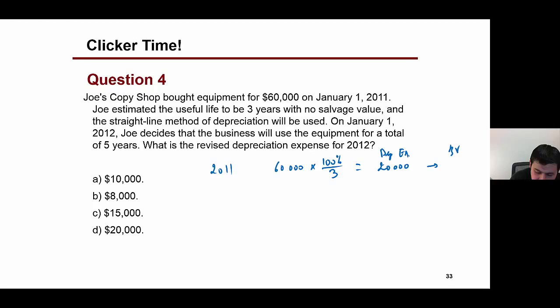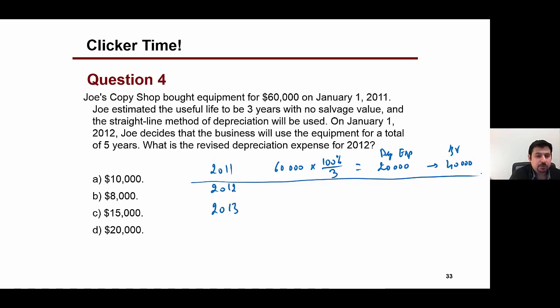So this was the depreciation expense, and book value was 40,000. On January 1st, 2012, originally it was supposed to be serving for 3 years, but here the company decides to increase it up to 5 years. So we also have a total of 5 years. It will be 2014 and 2015.